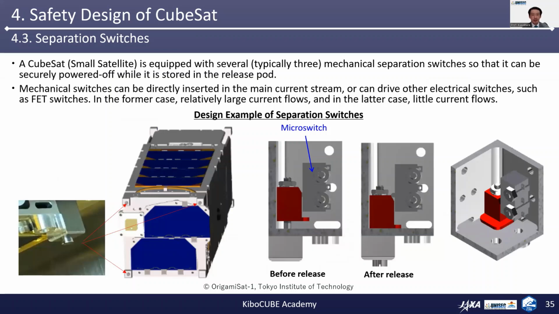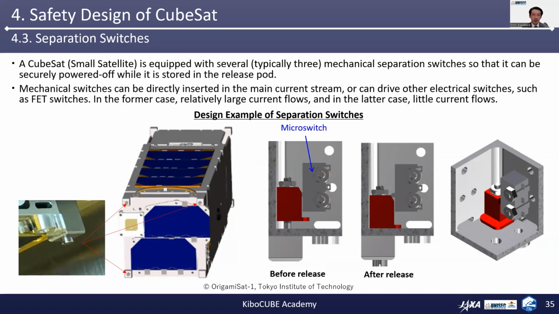This slide is illustrating an actual design example of the separation switches in the 3U CubeSat OrigamiSat-1 deployed by the Tokyo Institute of Technology. A CubeSat, or a small satellite, is equipped with several, typically 3, mechanical separation switches, so that it can be securely powered off while it is stored in the release pod.